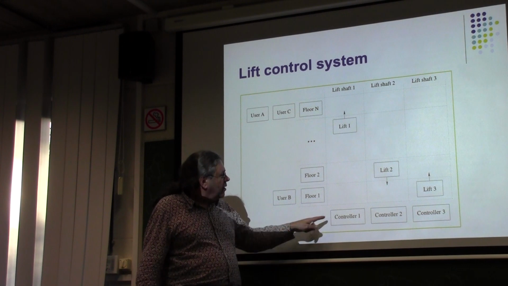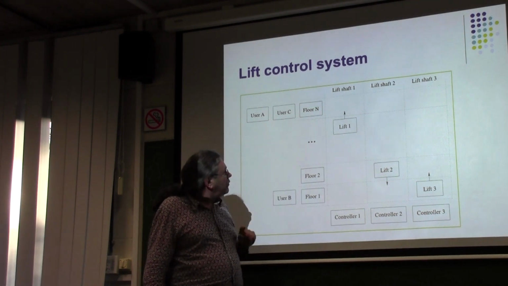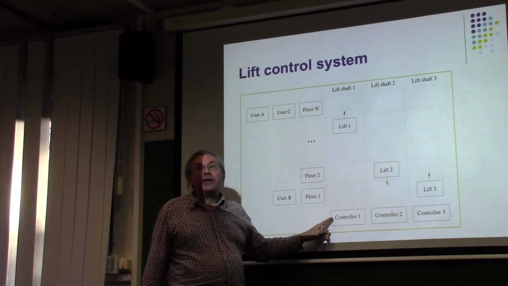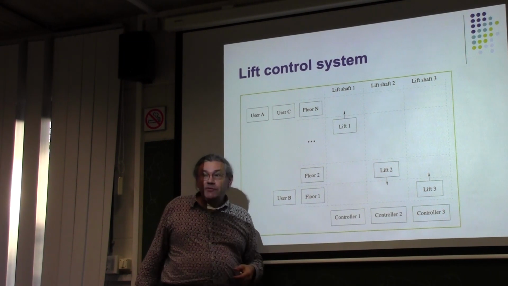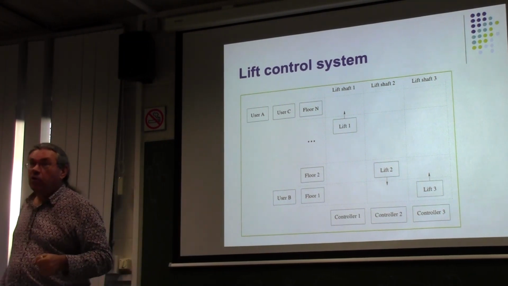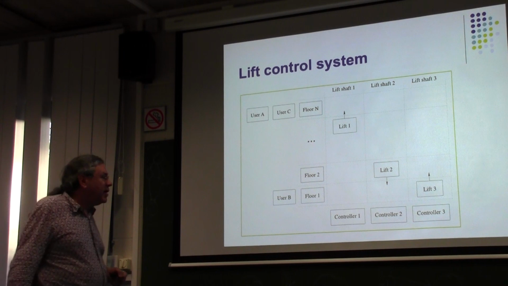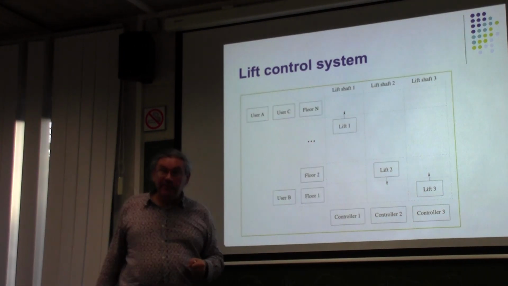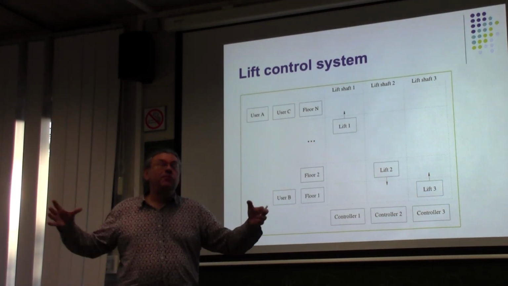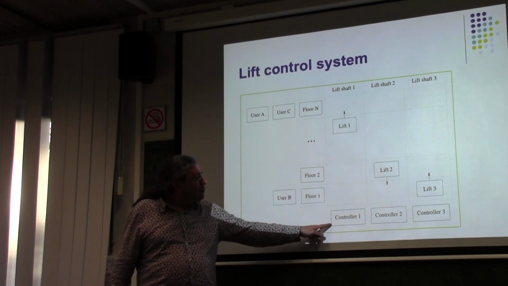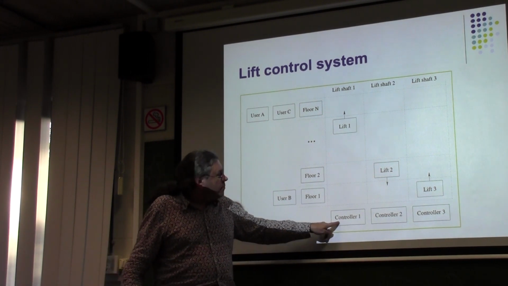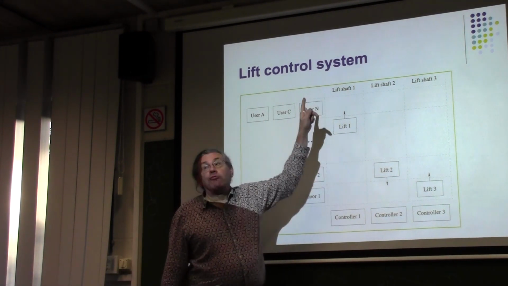So what happens here? You have lifts, you have floors, but you have a third thing. Because the lifts are controlled by motors going up and down with cables, and those motors are not in the lift. They're very heavy-duty things. They will be outside, either in the basement or sometimes on the roof, okay?